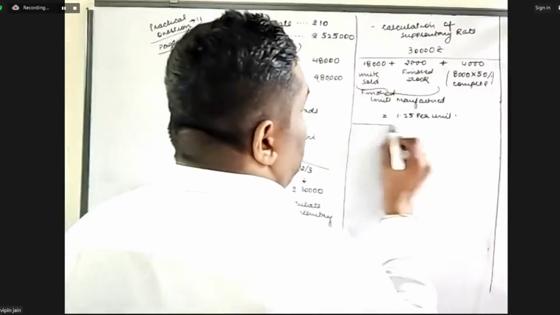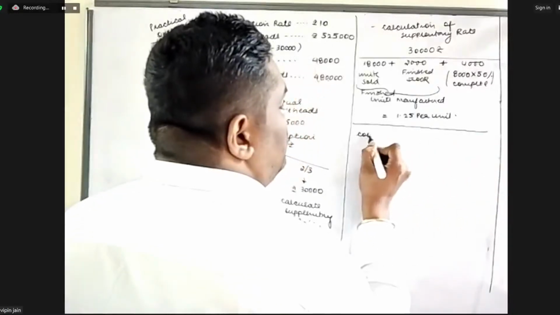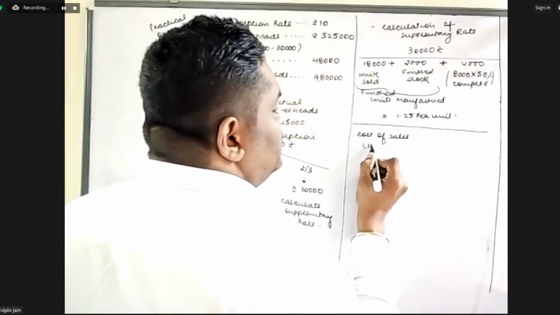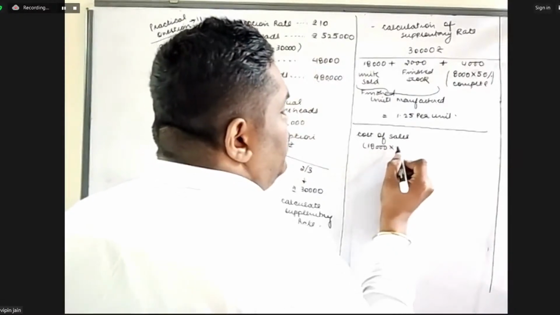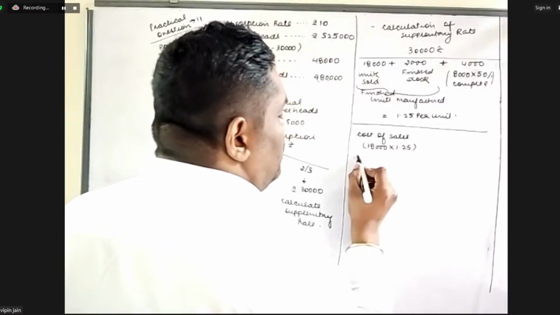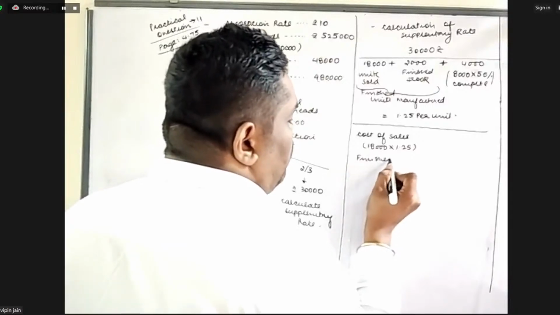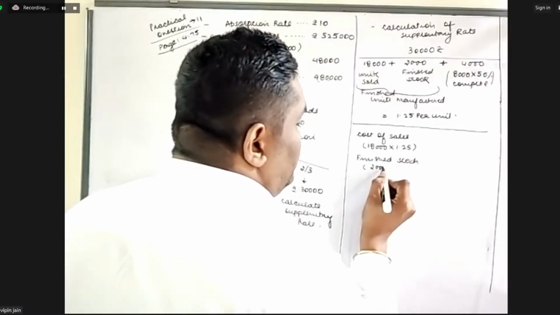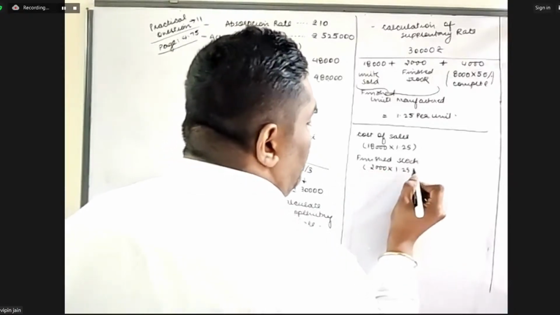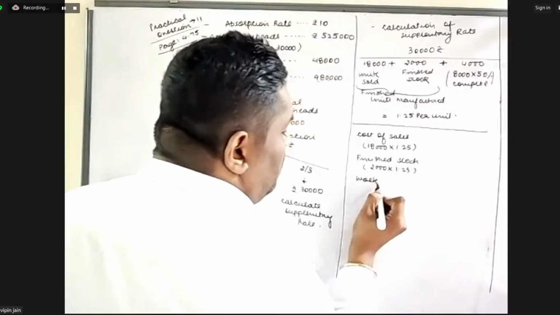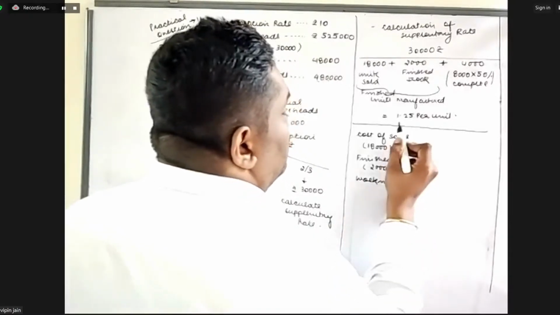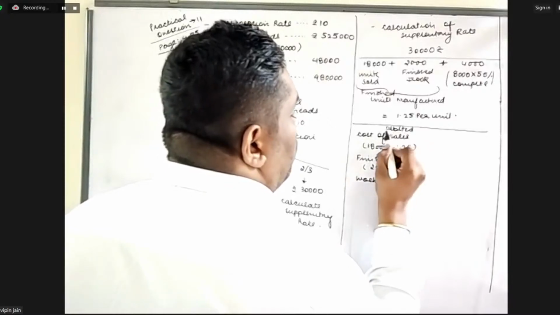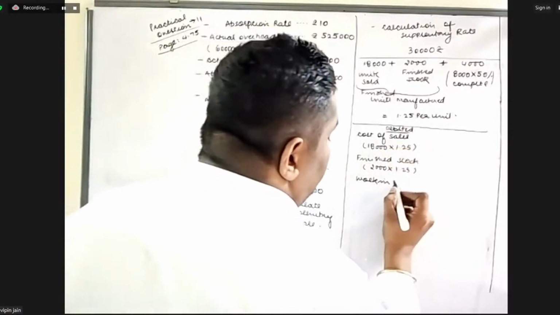Now, when talking about cost of sales, my 18,000 units were sold into 1.25. My finished stock, that is 2,000 into 1.25, and my work in progress, it will be debited actually.